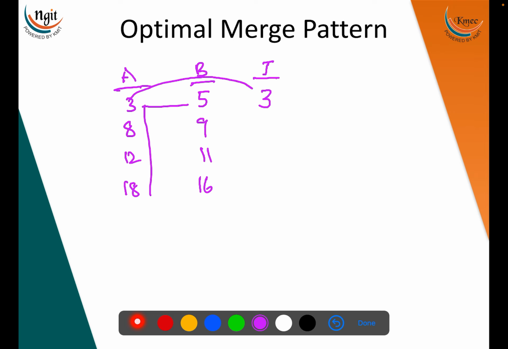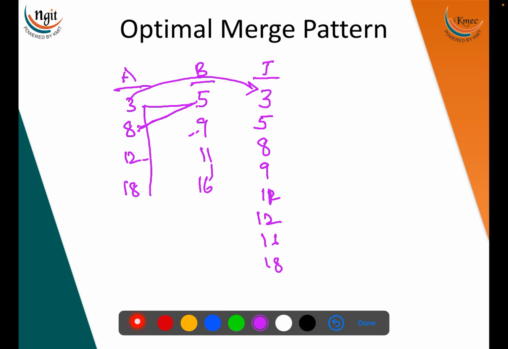Now 3 is in the target file. Now the left records are these. Again the comparison starts with 5 and 8. We compare these two, identify the smaller one and place it in the target file. That is 5. Now this time 8 and 9. The smaller is 8. Next is 9 and 12. Now it is 9. Next is 12 and 11. Next 12, 16, 18. So this is the basic example.